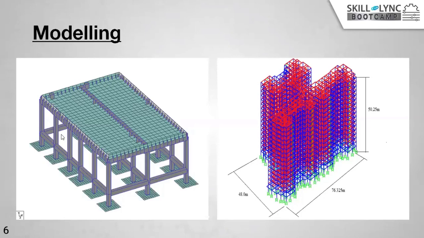So for STAAD Pro, ETABS or SAP, positioning the column is the common point, but how we do it in the software differs. That is where we have to learn the individual software, how we are supposed to do the activity which we want to do. If you want to learn a software, this is the basic thing.